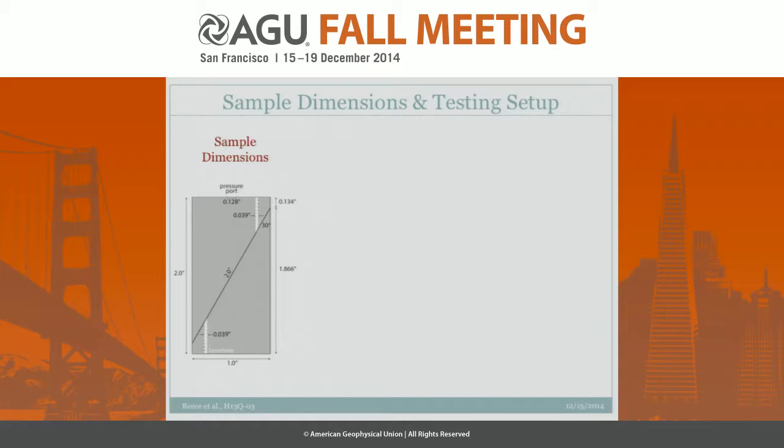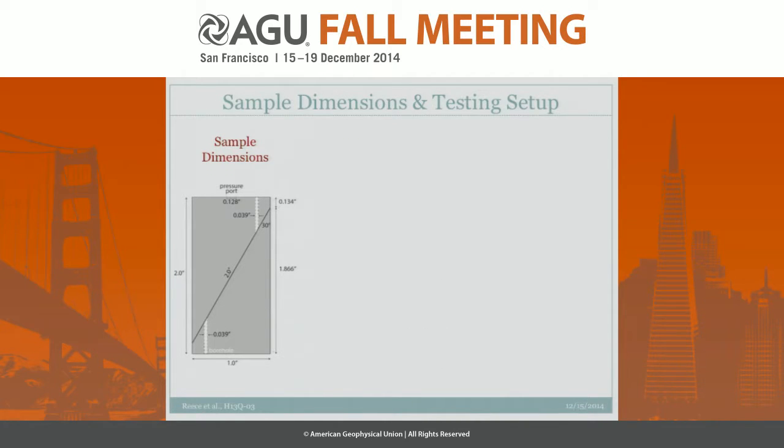So here is just a little bit of information on the sample dimension and the test setup. We work with a cylindrical rock sample that's 2 inches in height and 1 inch in diameter. And the fault plane is approximately 30 degrees to the core axis. And we drill little holes in each sample half so that the pore fluid can actually access the fault plane.